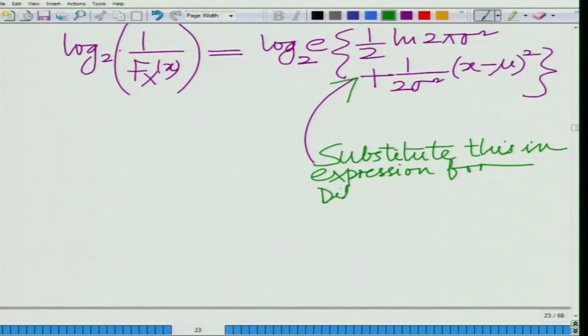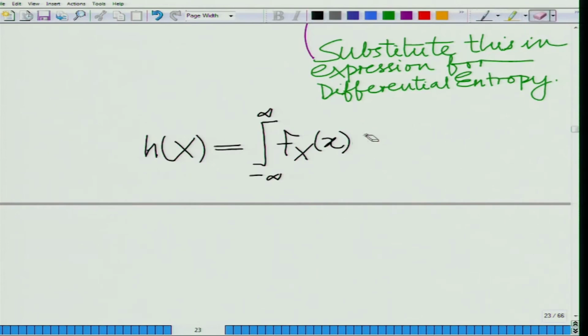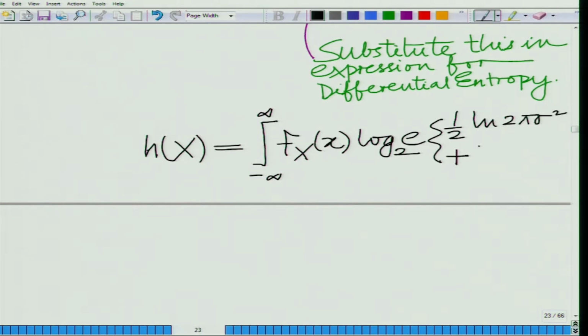What I have is h of x equals the integral from minus infinity to infinity of f of x times log e to the base 2 times half ln, that is the natural logarithm, 2 pi sigma square plus x minus mu whole square by 2 sigma square, times dx.